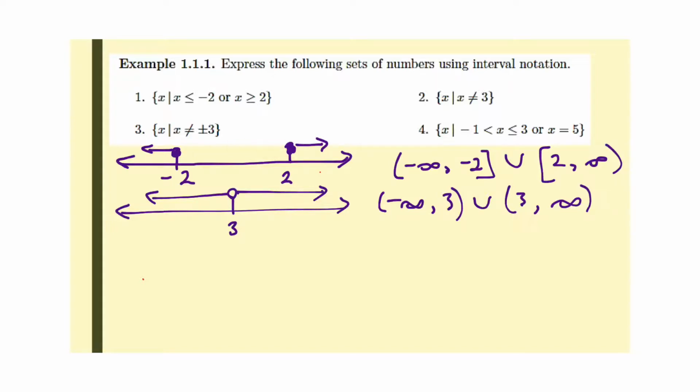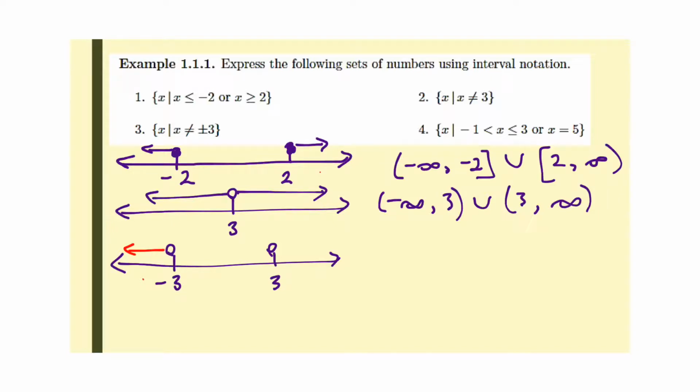All right, so now let's look at the third one. It says x such that x is not equal to negative 3 and not equal to 3, so it can be everything else. Let's get a different color here.